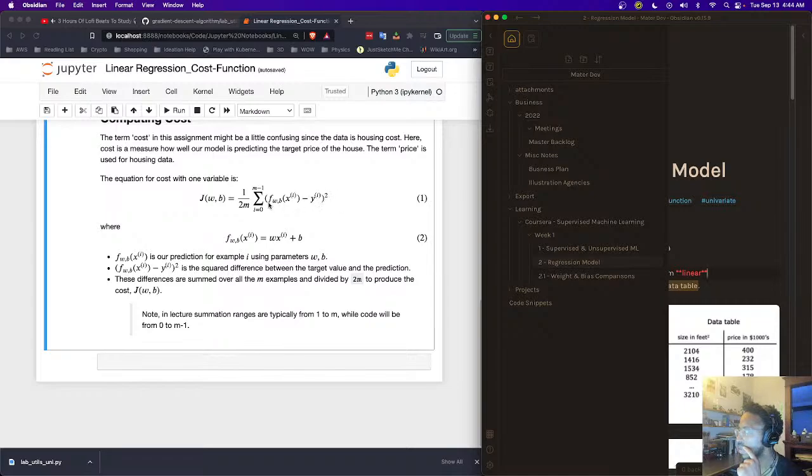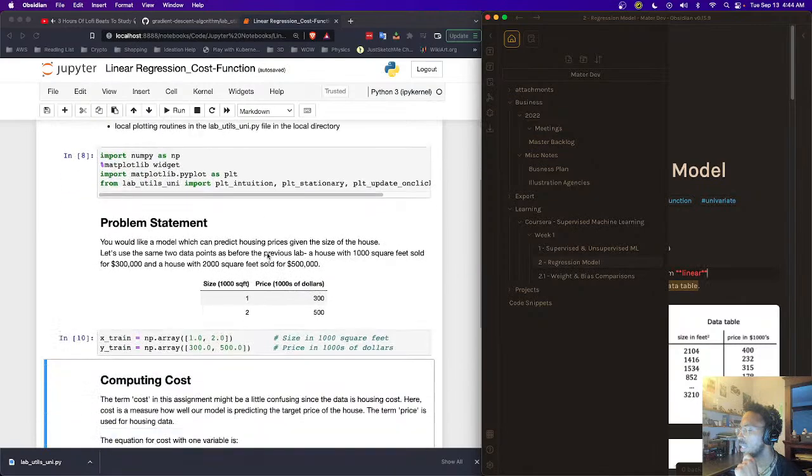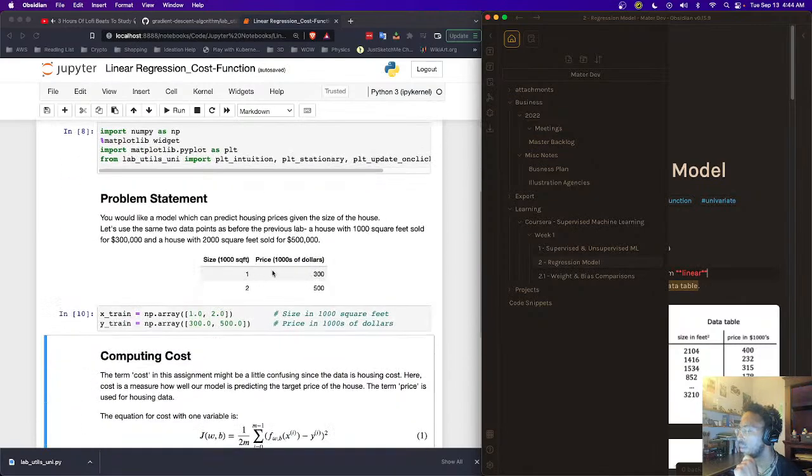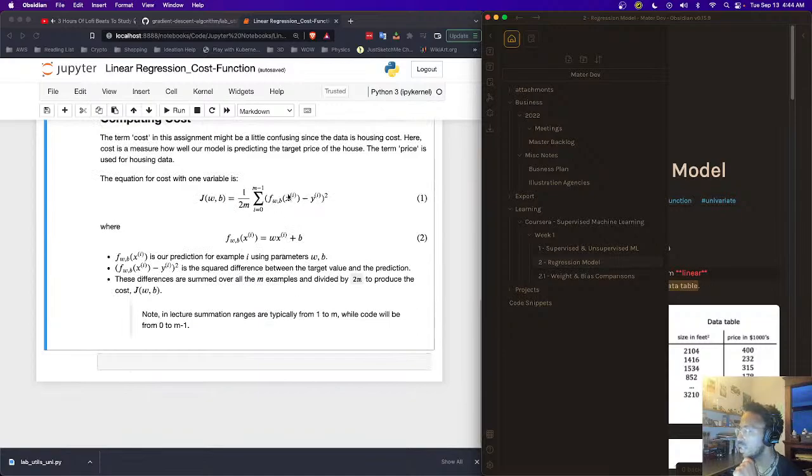It's going to square them, and it's going to add all of them up for every single row within our training set. So for every row, this is one row and this is one row. And then it's going to take the value that is created from doing that and divide it by 2m, where m is the length or the size of our training set.